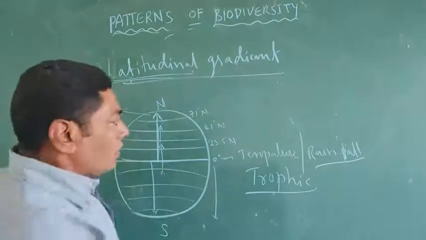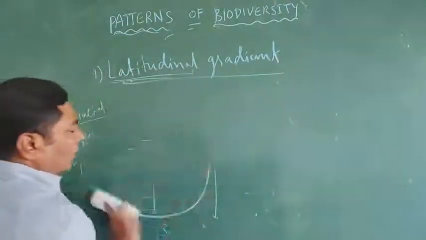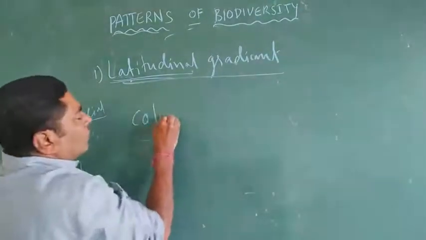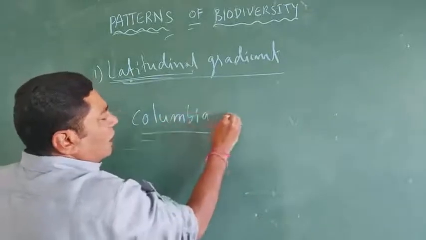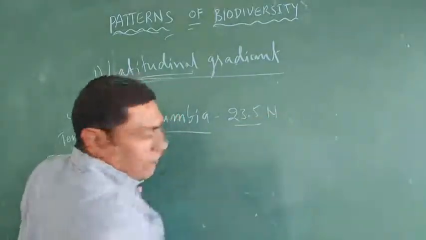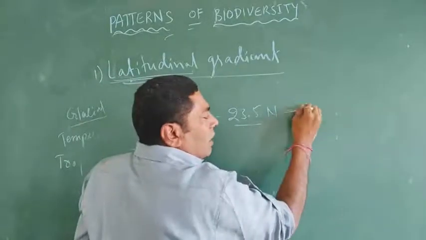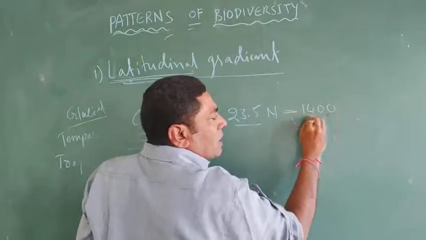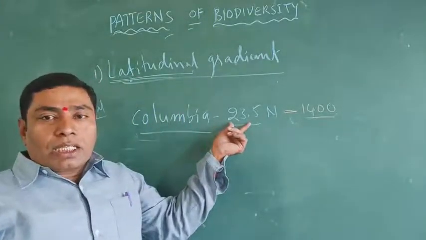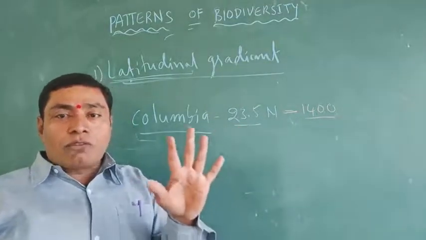For example, Colombia is located at 23.5 degrees northern latitude, and it has about 1400 species of birds.